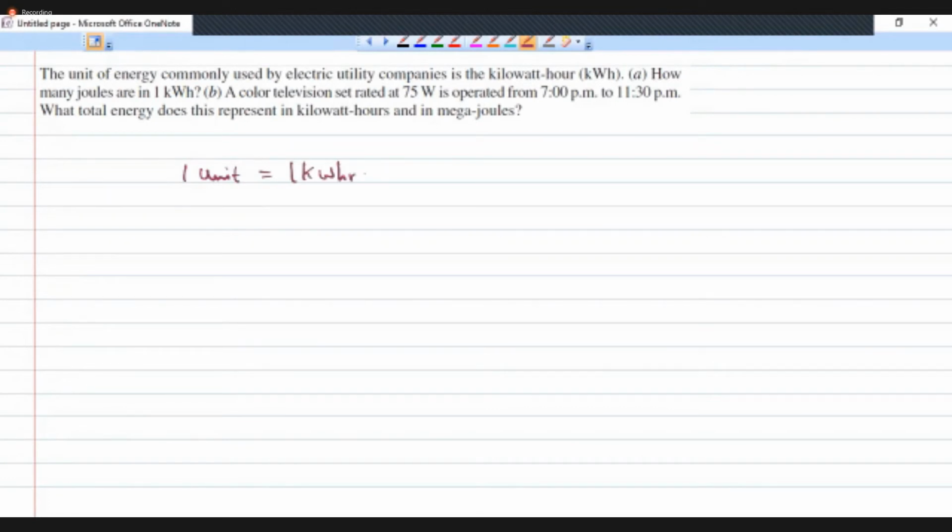Energy meter means the meter that is located by the electricity board. We are asked how many joules are in 1 kilowatt hour. So that's the first part.